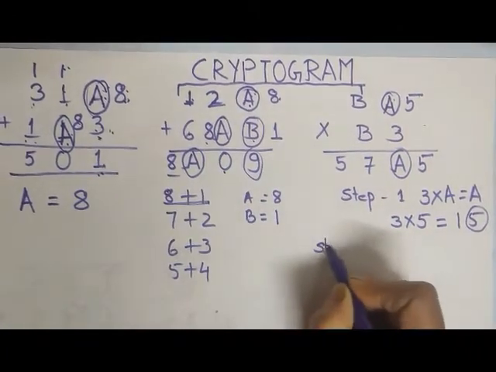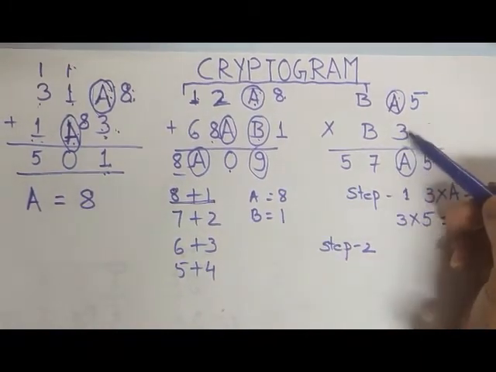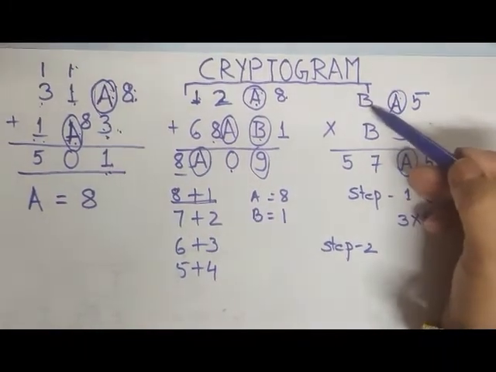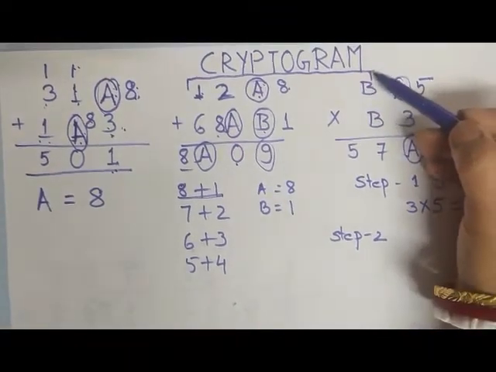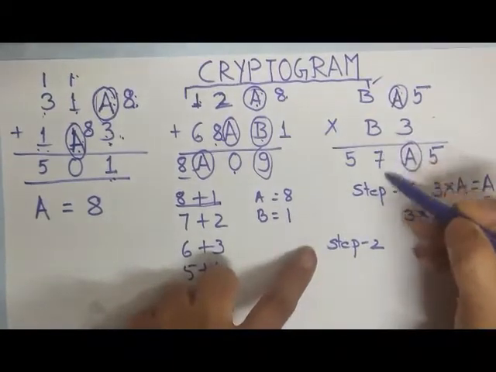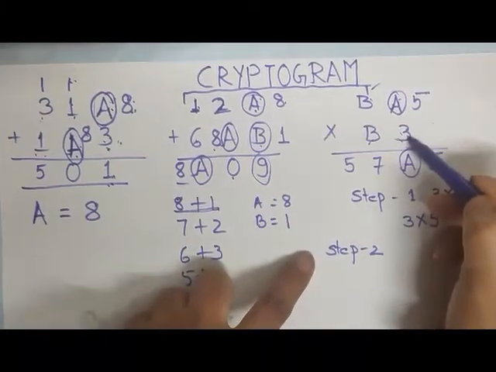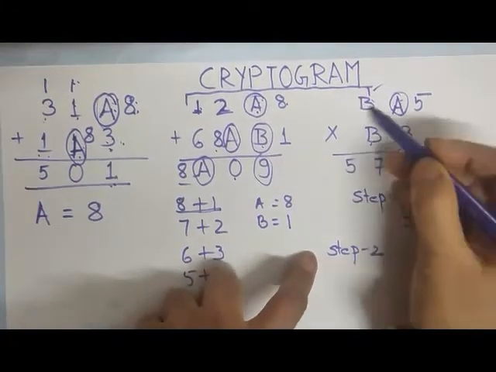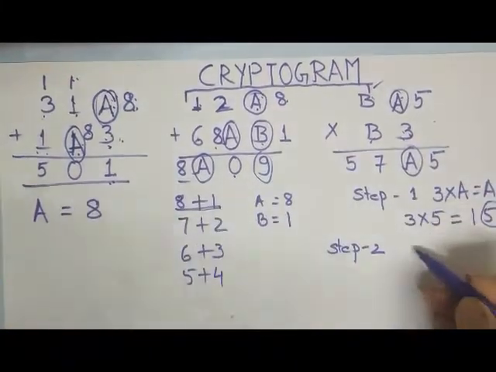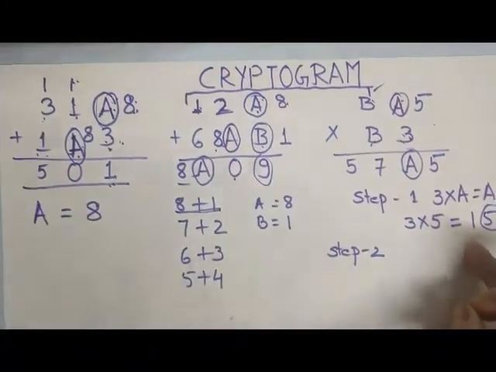Now, for step 2, we will have to multiply crosswise. And as the carry can be added, the sum of the crosswise products of these digits should be a number whose unit digit is 6.